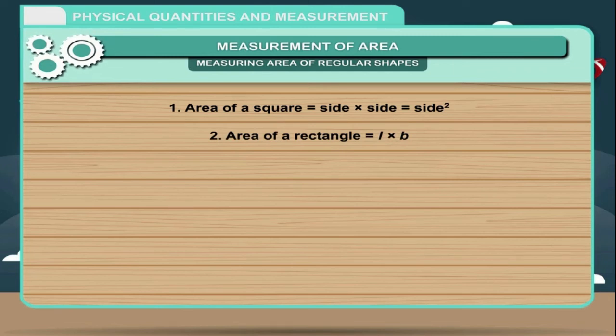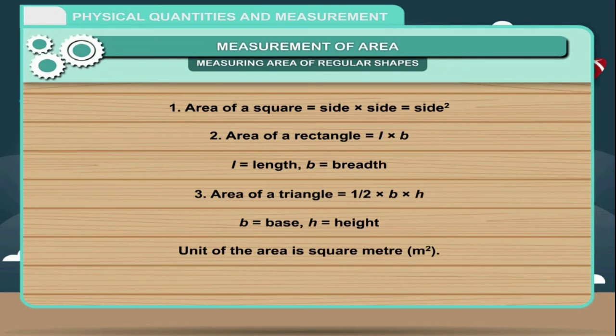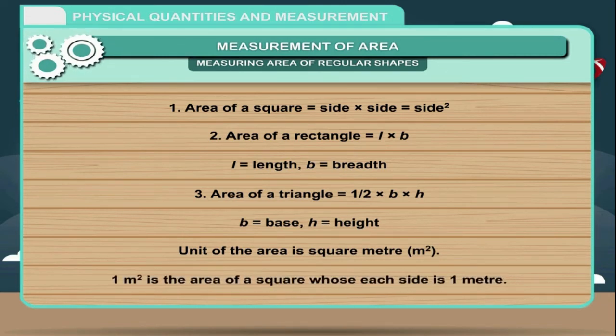Area of a rectangle is equal to length into breadth, l into b. l is equal to length, b is equal to breadth. 3. Area of a triangle is equal to half into b into h. b is equal to base, h is equal to height. Unit of area is square meter, meter square. 1 meter square is the area of a square whose each side is 1 meter.